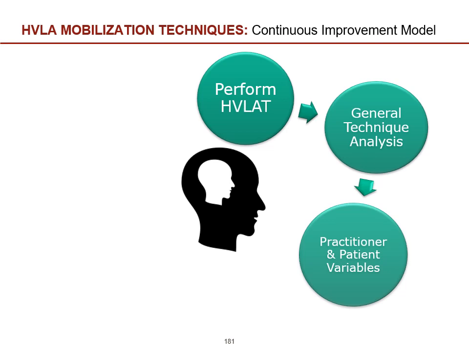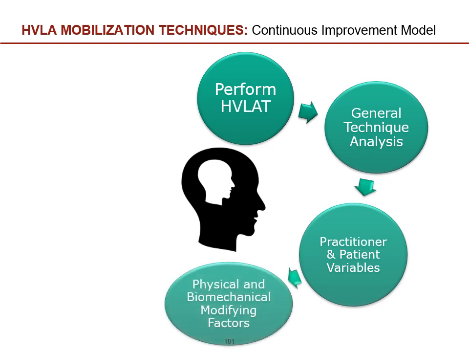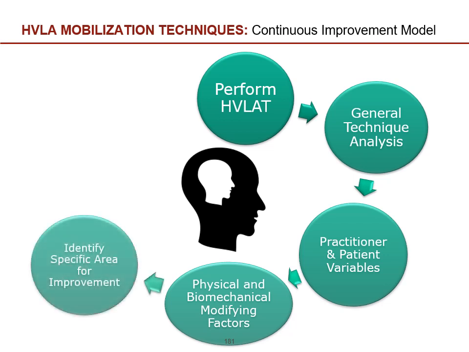Once you do that, the next step is to look a little bit closer at the practitioner and the patient variables. Consider the physical and biomechanical modifiable factors. Identify the specific area for improvement based off the 3 different sections previously described.